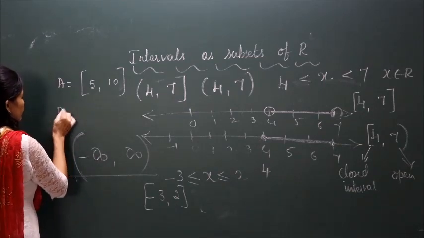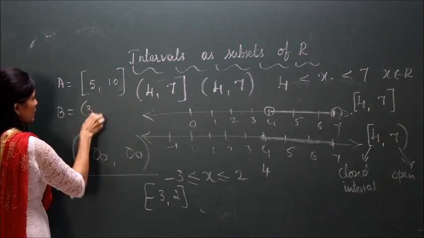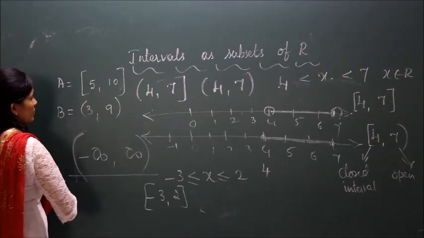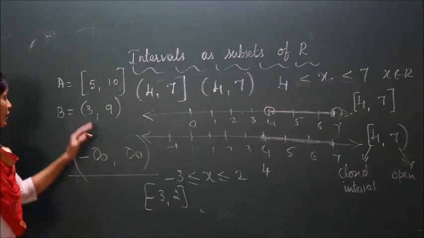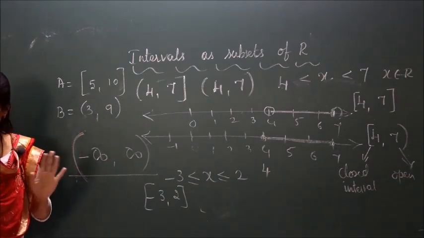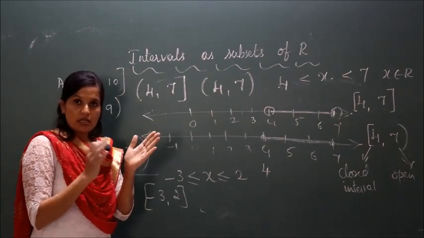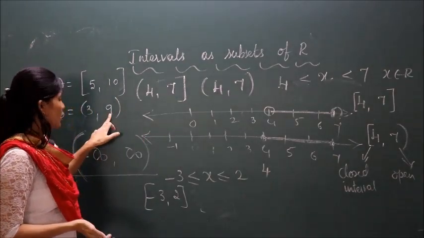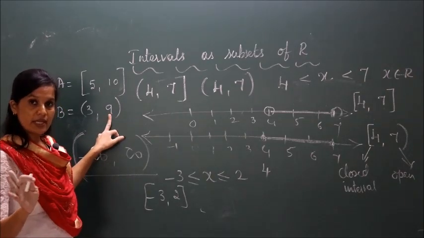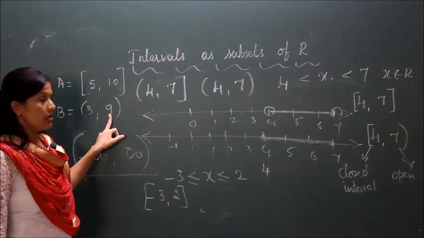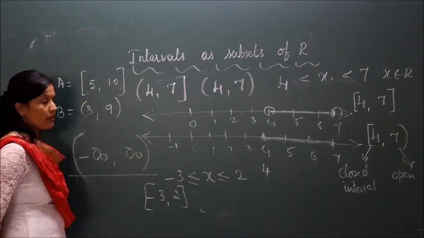Another set B is from 3 to 9, open interval. What is the meaning of open interval? That 3 and 9 are not present in the set, but a number very close to 3 is present. Here also 9 is not in the set, but a number very close to 9, 8.9999, is there in the set.